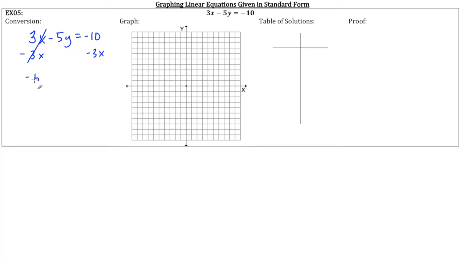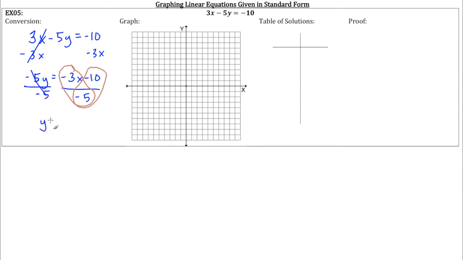We get negative 5y equals negative 3x minus 10. And then we divide each side by negative 5. Don't forget that when we divide a side by a number, we divide everything on that side by that number.